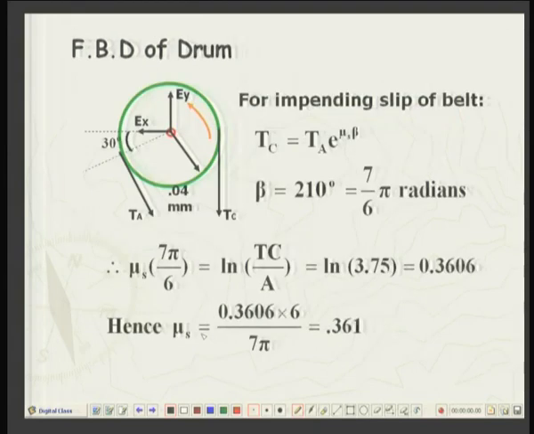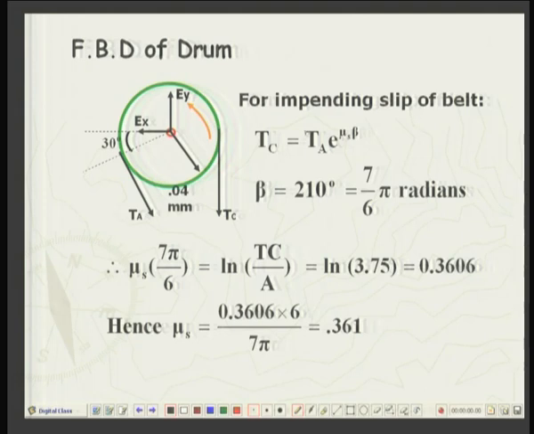Now, we look at the free body diagram of the drum or the belt or the pulley. Well, for impending slip condition, since the applied torque is counterclockwise, so to break it, that is to bring it to halt, the torque due to the tensions of the belt should be clockwise.